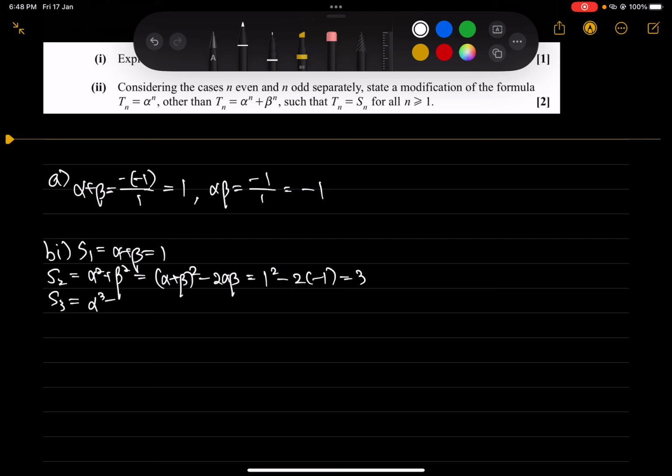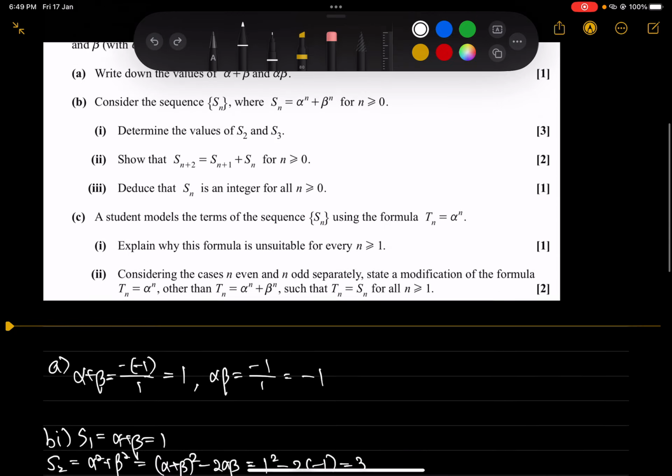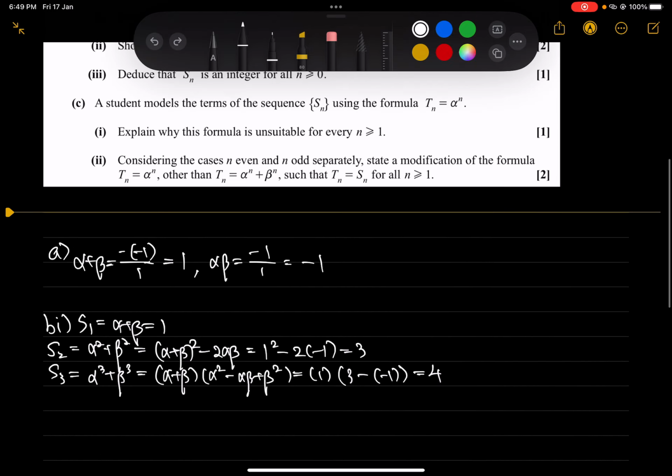S3 is alpha cubed plus beta cubed, which is alpha plus beta times alpha squared minus alpha beta plus beta squared, which is 1 times 3 minus negative 1, which is 4, because this is 3. And that's part B1, answered pretty quickly.